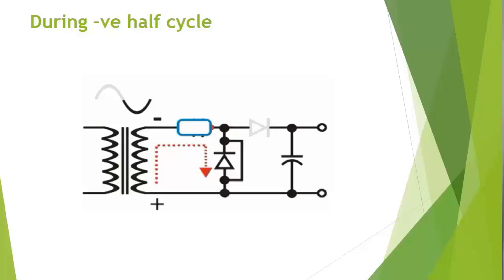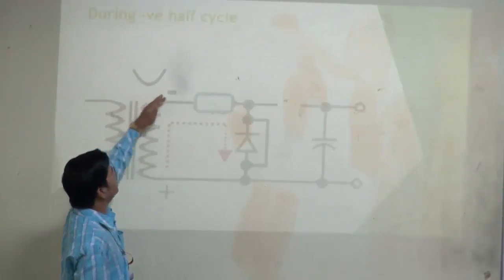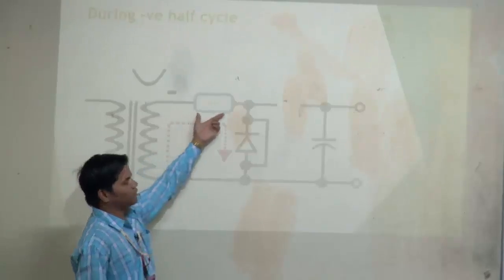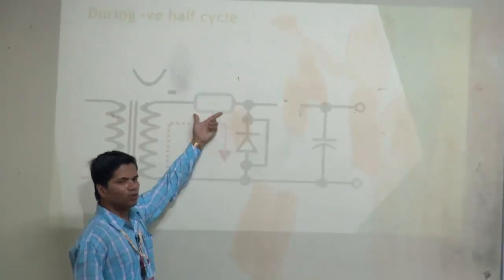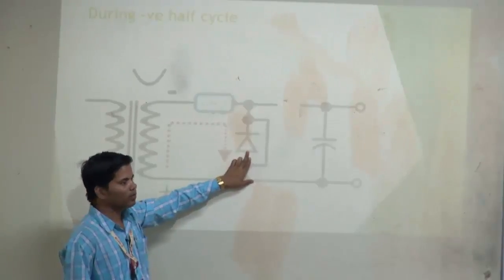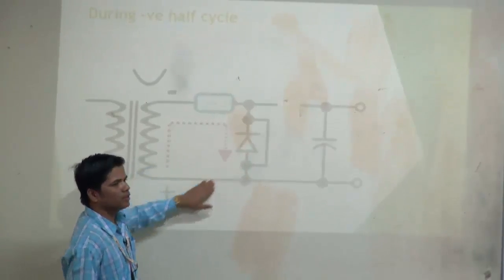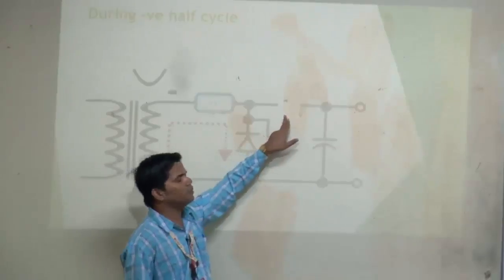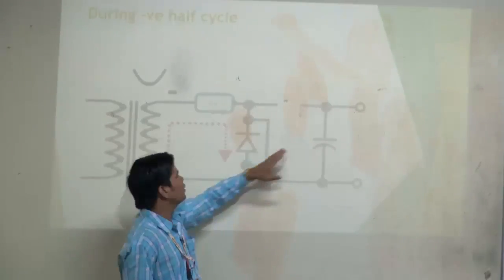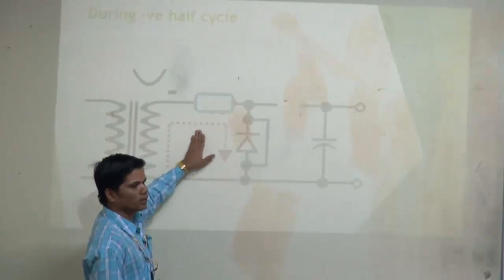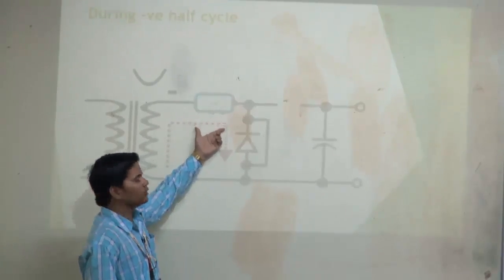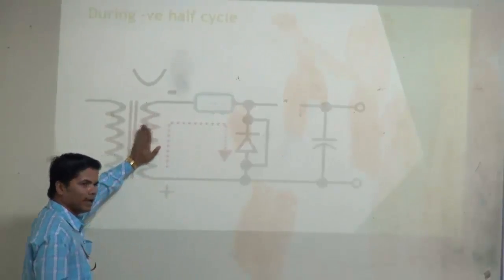You see here, in case of negative half cycle, this will be negative, this will be positive, and this capacitor will be charged through this forward biased diode. The current will flow in this direction, and this diode will be reverse biased. No current will flow through this one, only this circuit will work, and through that this capacitor will be fully charged. Clear? This is all about the negative half cycle.